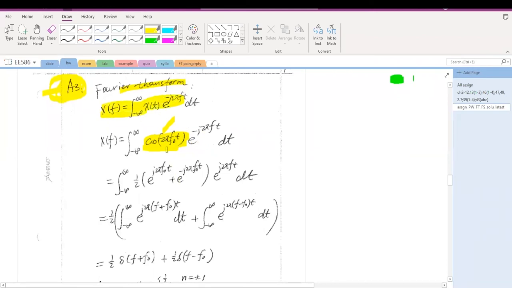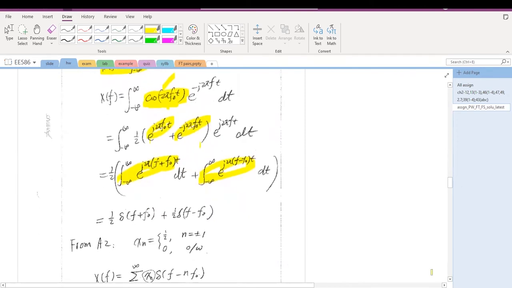We plug in x of t here using Euler's formula, and this is Euler's formula. We break the bracket up here into two terms, and then we use the Fourier transform property here. This is a delta function, and this is a delta function as well.